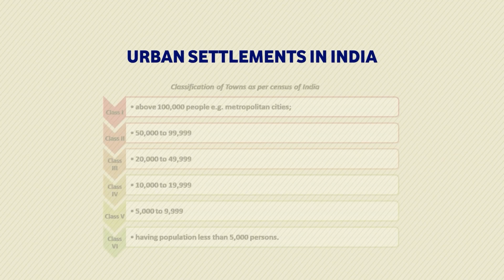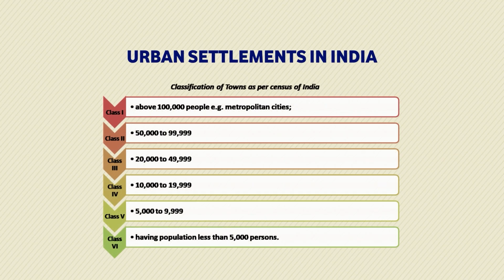In India, the towns are classified as per the Census of India. There are class 1 towns above 1 lakh people, which are also called metropolitan cities. Class 2 between 50,000 to 99,999. Class 3 towns between 20,000 to 49,999 population.